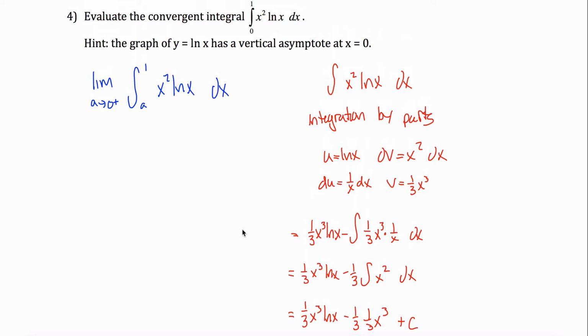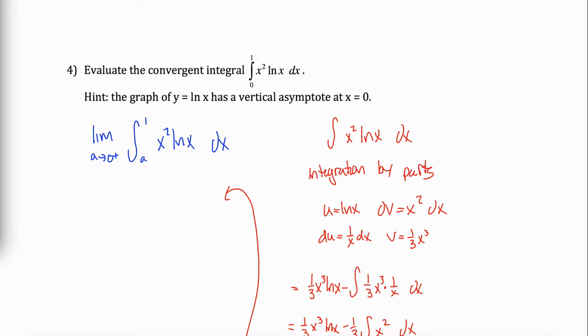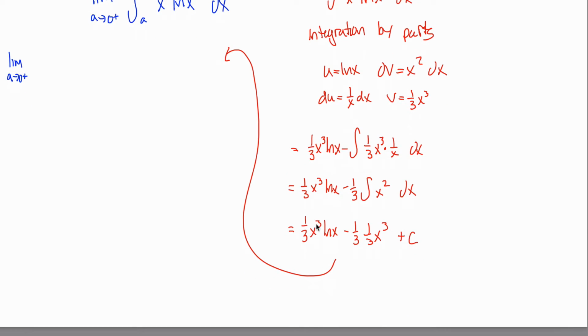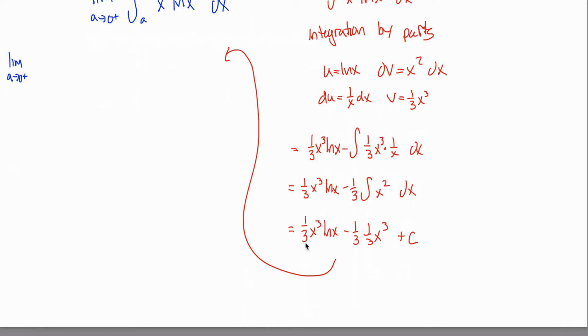What I'm looking to evaluate is the limit. Let me switch to blue. Maybe that'll make this look prettier. The limit as a approaches 0 from the positive side of, and then I could take this thing and evaluate it at 1 and at a and subtract those two, kind of the evaluation theorem.